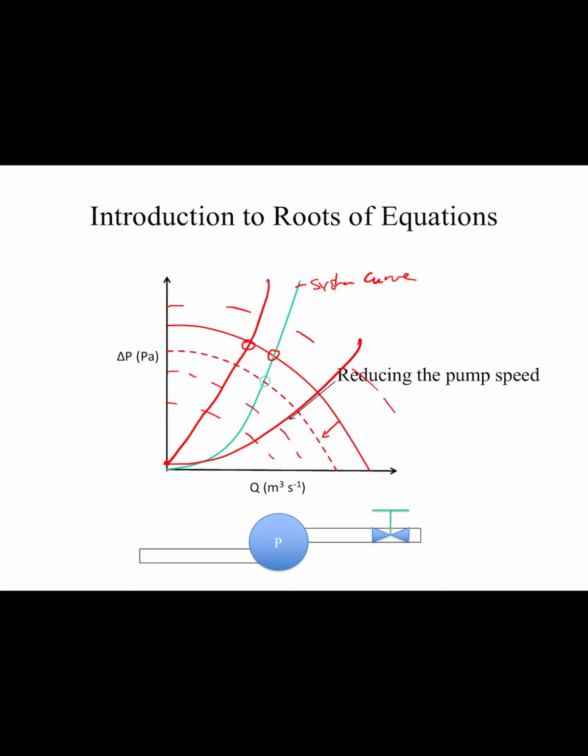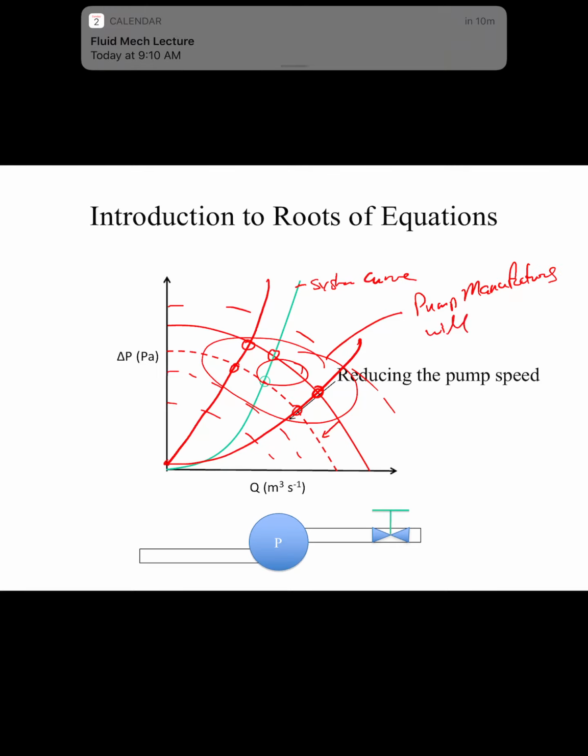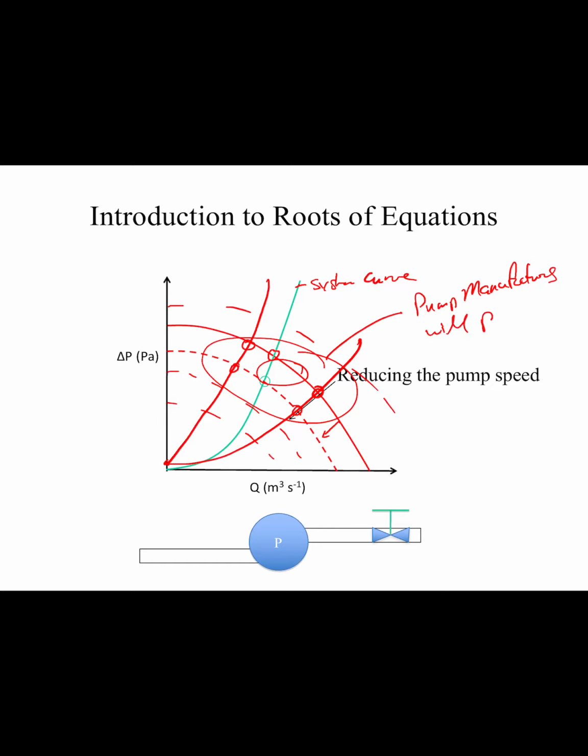So it gives me a range of places that I can operate. The only places that I can operate are where these two curves cross one another. And usually what we end up doing then is asking, what is the efficiency of the pump in that operating range? And most of the time, pump manufacturers will provide curves for this.